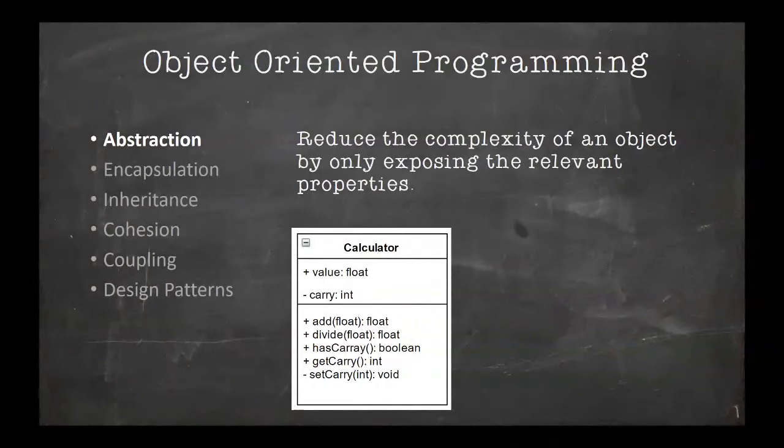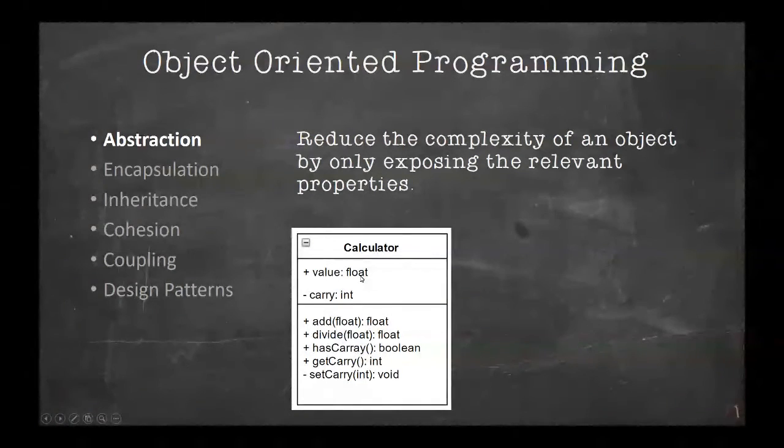So abstraction. Abstraction is the first principle of object-oriented programming. And the goal of abstraction is to reduce the complexity of an object by only exposing the relevant properties. Now, what that means is, if I were to give you a calculator, this is a class diagram for a calculator. It has the name of the class. We have defined some values in here, some parameters.